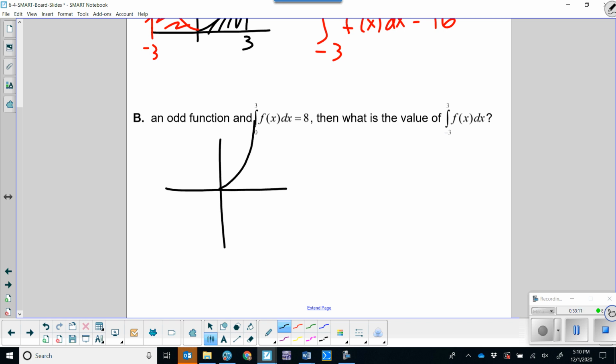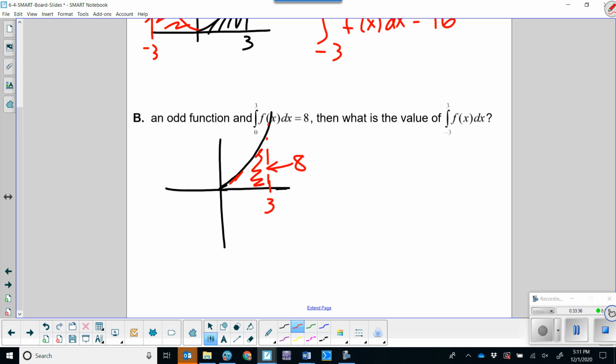If I went from 0 to 3, again, it's saying that this area inside here is 8. Let me try that again with a different color to make it not look so messy. So if this was x cubed and there was my integral, and this was 3, and this was that area, they're telling me that area is 8.